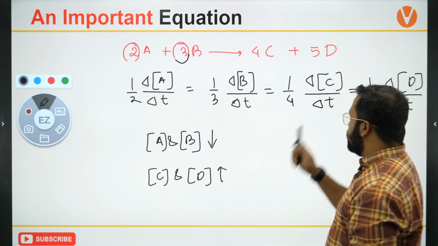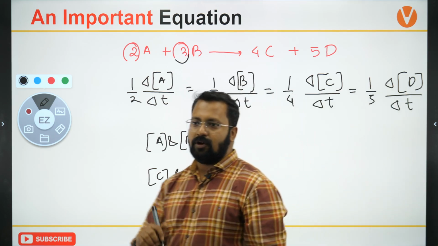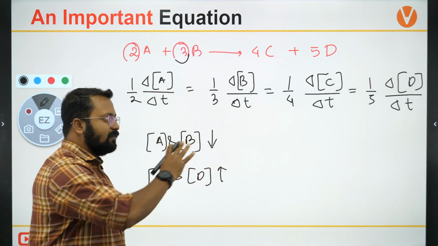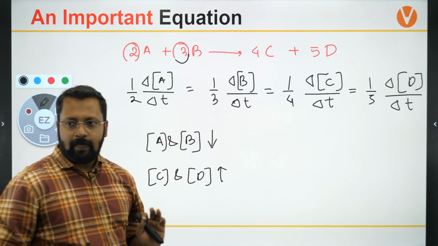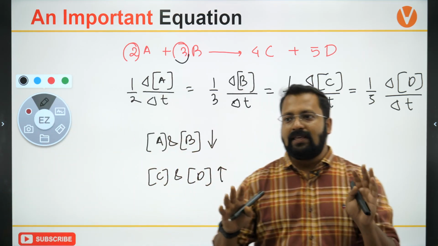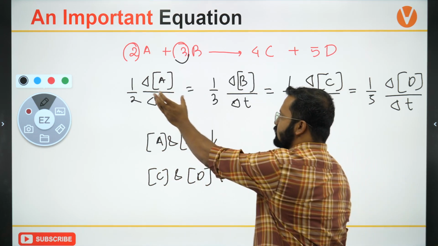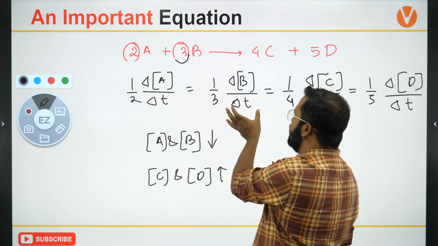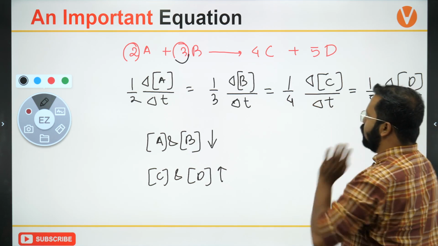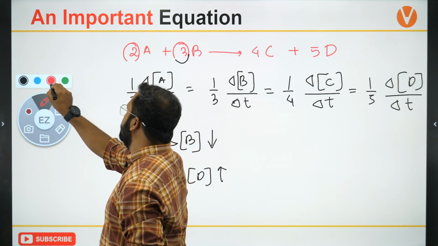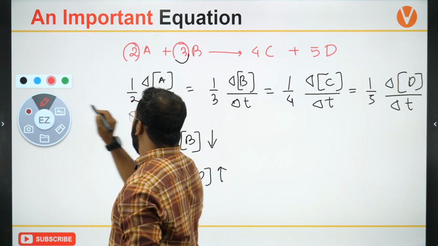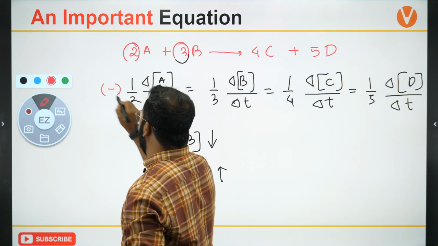For C, I will be getting a positive value. For D as well, I'll be getting a positive value. How do I make all these things equal? A and B give negative values, C and D give positive values. How do I make all of them equal? By putting a negative sign over here.